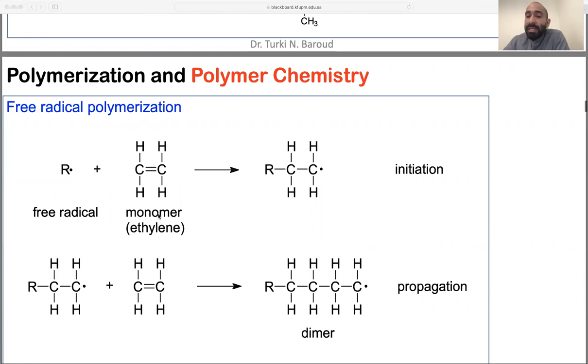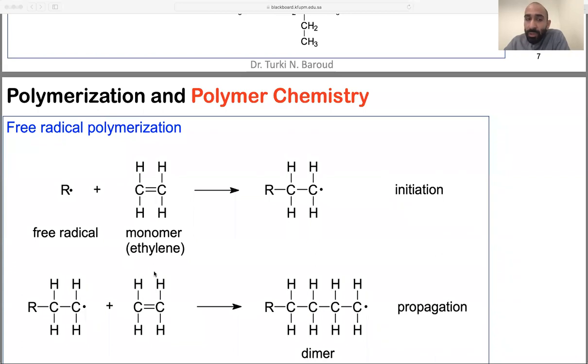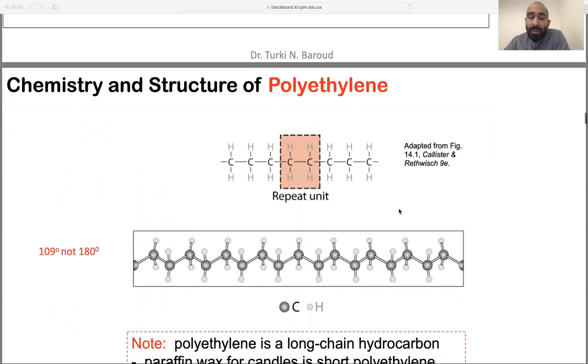But at the end of the day, the repeated unit, as you can see, does not have a double bond. So you start with the monomer, you do some chemical reaction with the free radical, and then you end up creating the repeated unit, as you can see here. So this is the polyethylene. This is the repeated unit that's going to be repeated over and over in the chain.